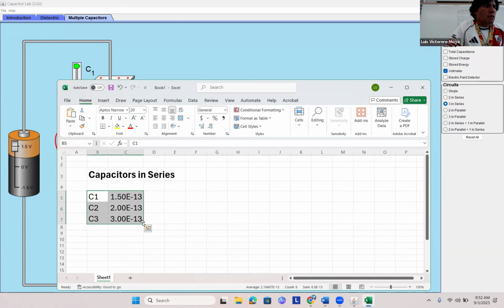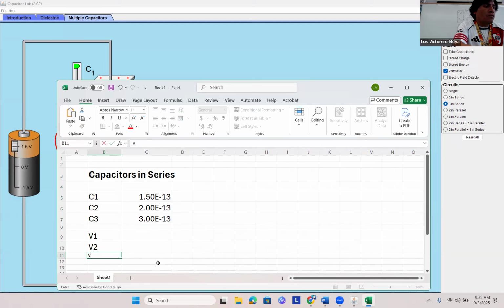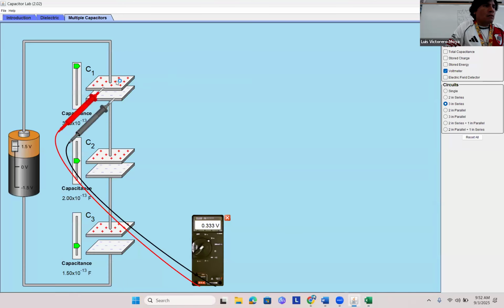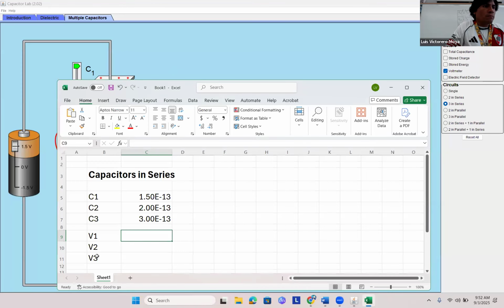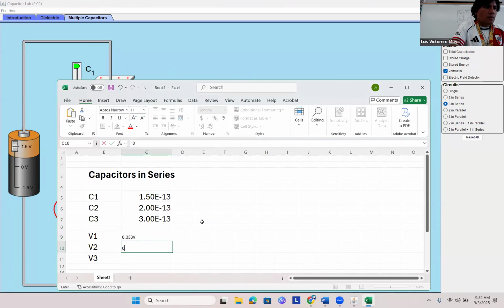And then let's say you measure the voltage 1, voltage 2, voltage 3. V1, V2, V3. So you just write down V1 is 0.333. V2 is 0.5. What happened here?